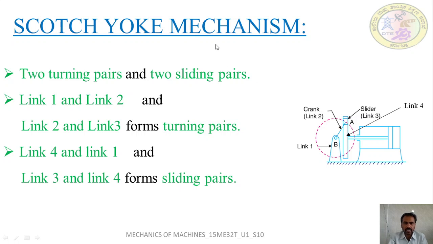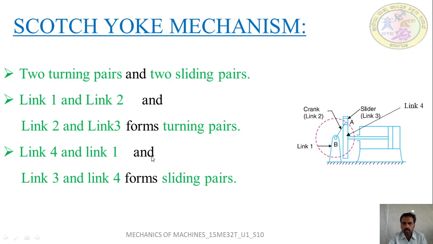This Scotch yoke mechanism has two turning pairs and two sliding pairs. Which are those? The two turning pairs are: the frame and the crank, link 1 and link 2, form one turning pair, and the crank and the slider, link 2 and link 3, form another.